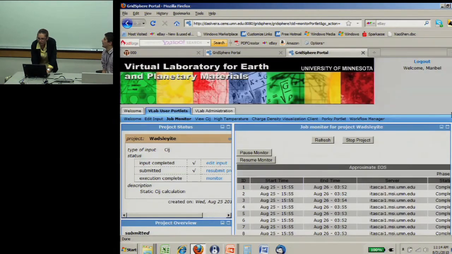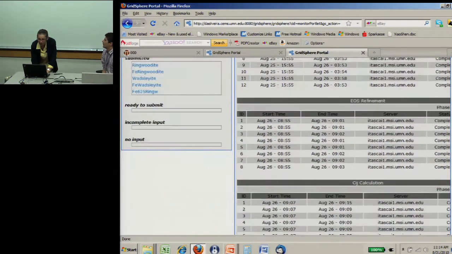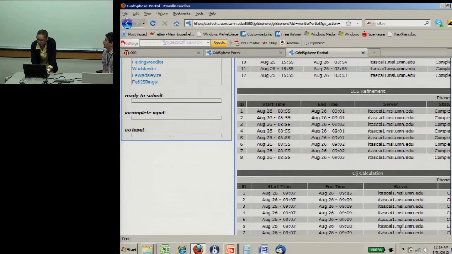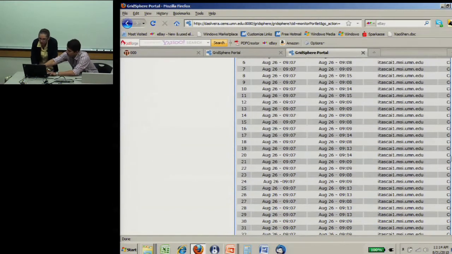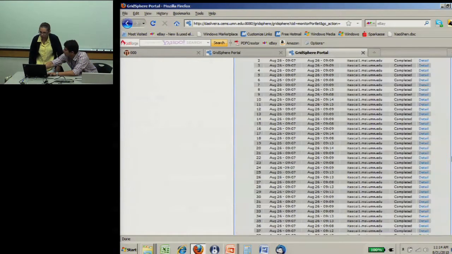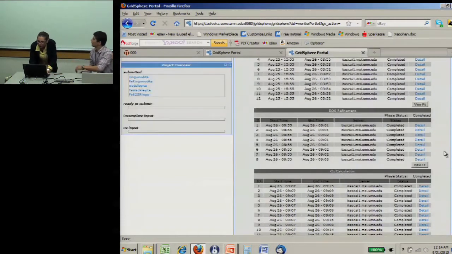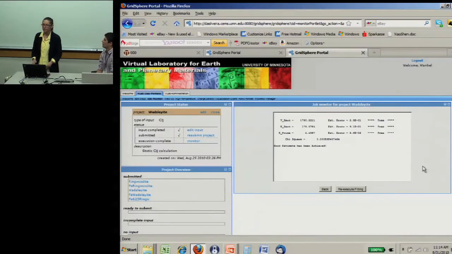After the second stage was completed, you can already check what was the equation of state. Where is the? Yeah, okay. You can check the equation of state, the result from an accurate calculation.